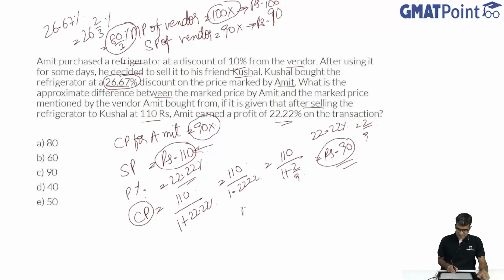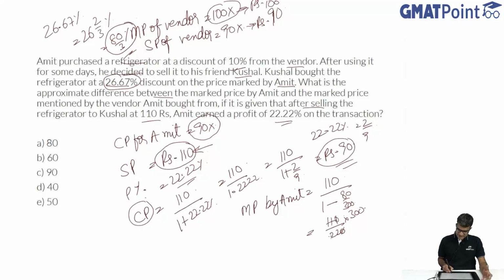So what is the mark price by Amit? The mark price by Amit will be equal to his selling price, which is 110, divided by 1 minus 80 by 3%, which is 80 by 300. You can simplify this. This will be equal to 110 divided by 220 into 300.